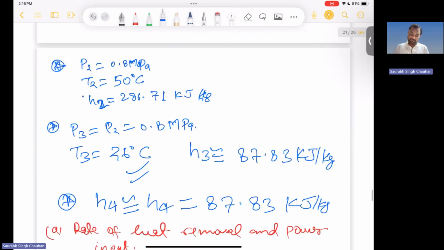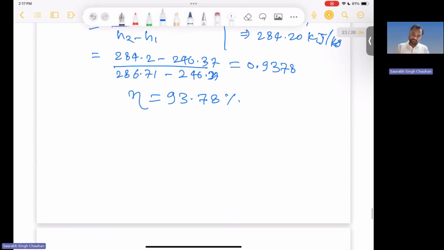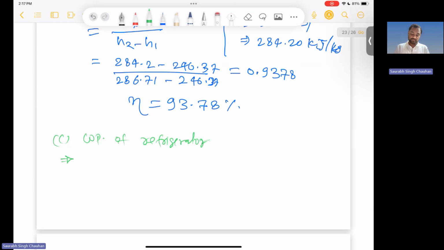What else do we have to find? The coefficient of performance. What will be the COP? COP will be how much heat is being removed divided by work input.